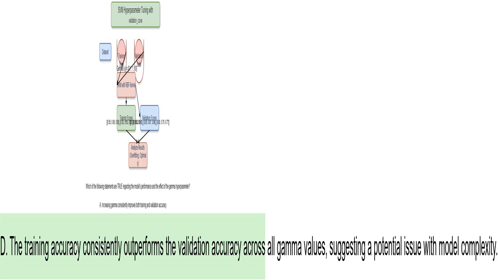This examines the relationship between training and validation accuracy and model complexity. Notice that across all gamma values, the training accuracy is consistently higher than the validation accuracy. This persistent difference indicates a potential overfitting problem caused by excessive model complexity. Therefore, this statement is true.